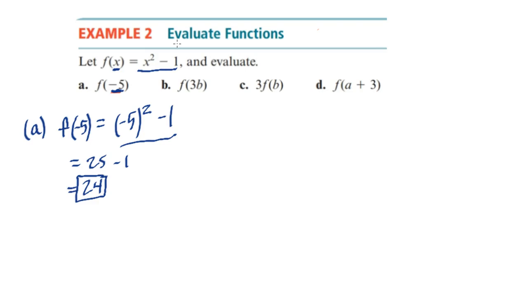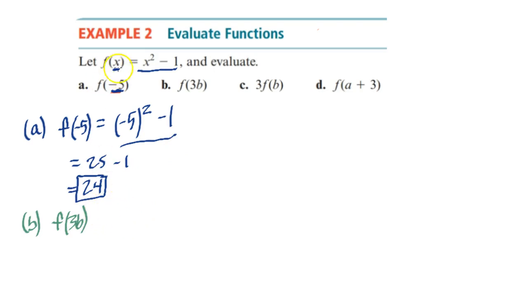Okay, so let's move on to B. For B, we are asked to find f of 3b. So in this case, we're not plugging in just a single value. We're plugging in an expression, in this case 3b.